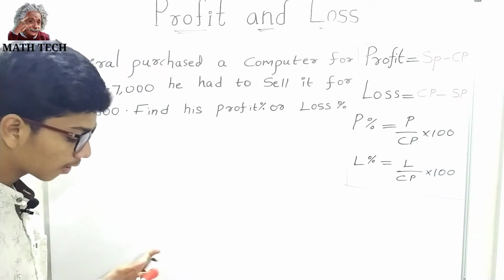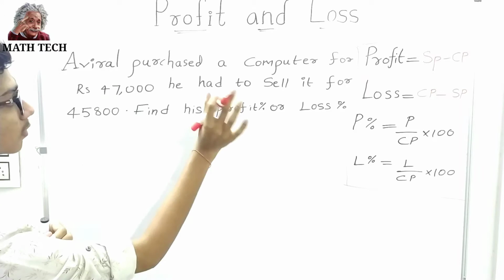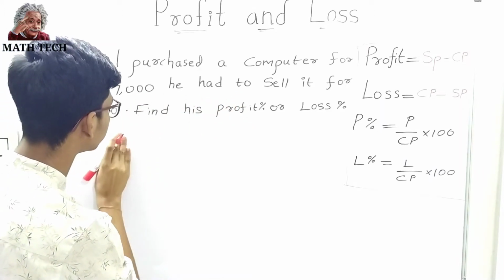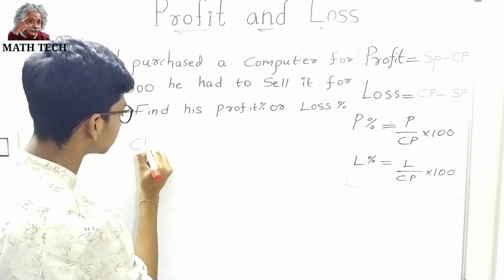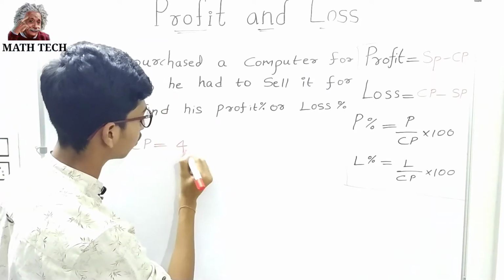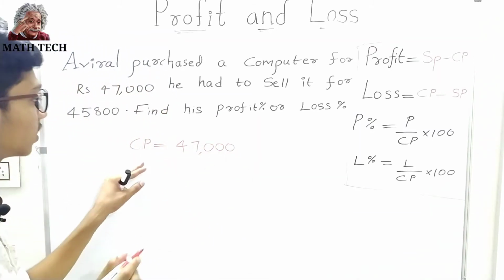Okay, first of all, write what is given. Aviral purchased a computer for Rs 47,000, that is CP is 47,000.